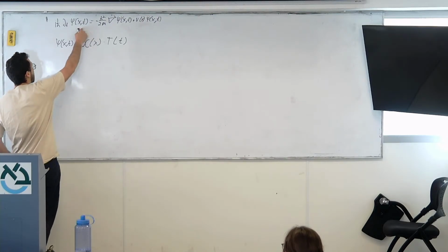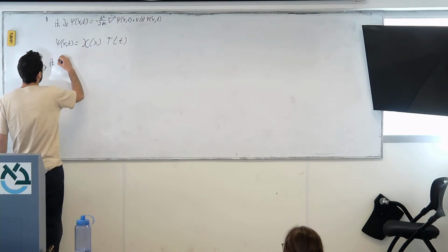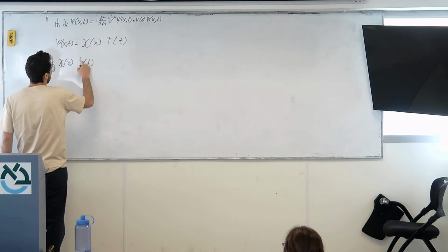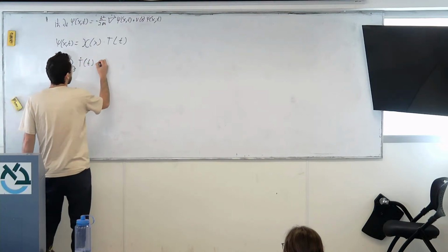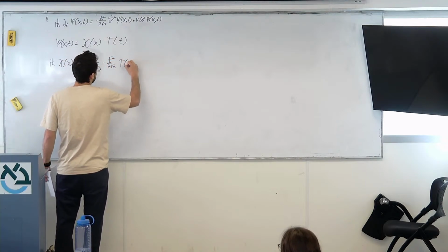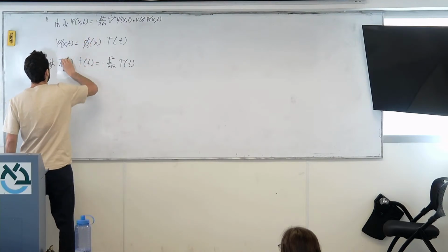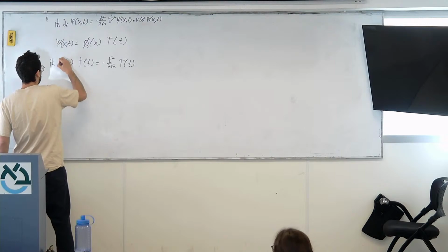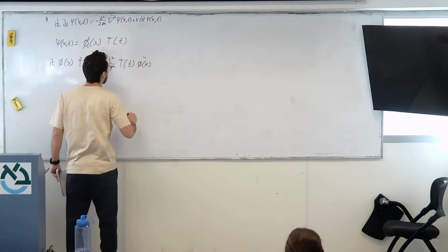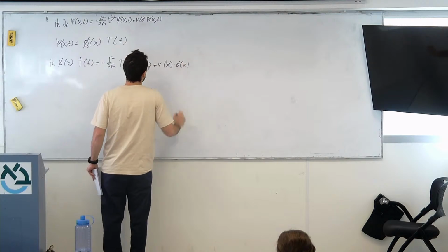We just plug in the separation of variables, and we get iħ φ(x) Ṫ(t), where the dot is the derivative with respect to time, equals minus ħ² over 2m T(t) φ''(x) plus V(x) φ(x) T(t).